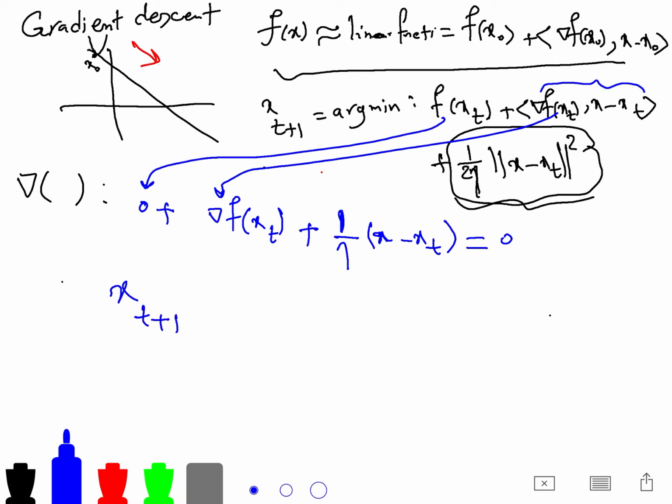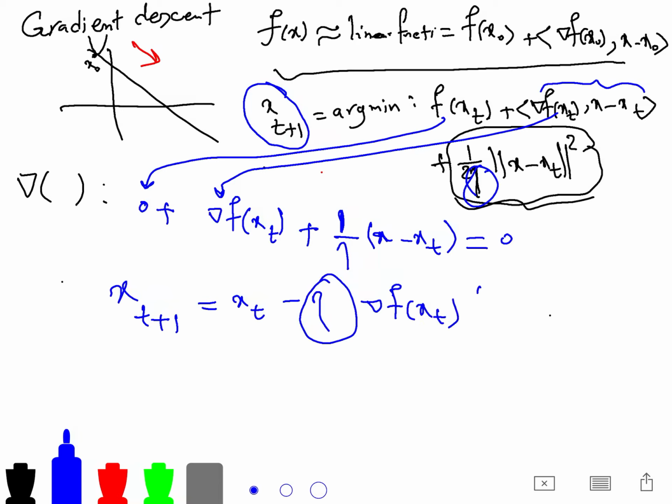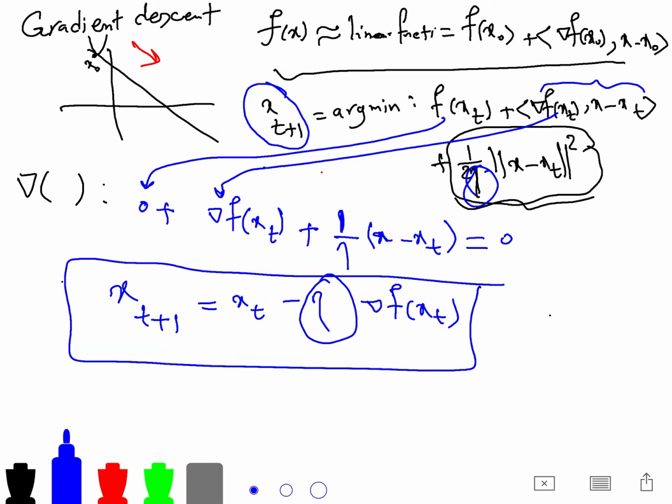Xt plus 1, I told you this is the argmin of that, is equal to xt minus step size eta times gradient of f at point xt. This is eta that we use here, the step size. So this is the gradient descent algorithm.